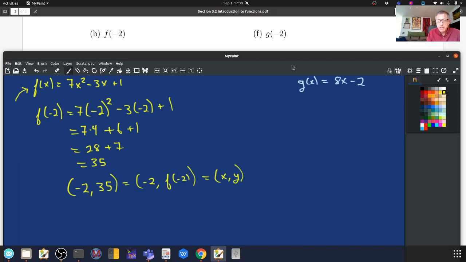I want to do g of 0. So g of 0 is equal to 8 times 0 minus 2, which is equal to minus 2. So that means the point 0, g of 0, which is 0, minus 2, lies on the graph of g of x.